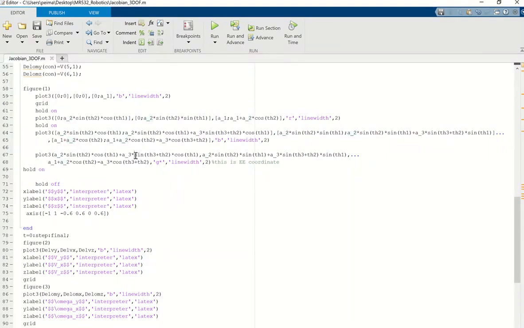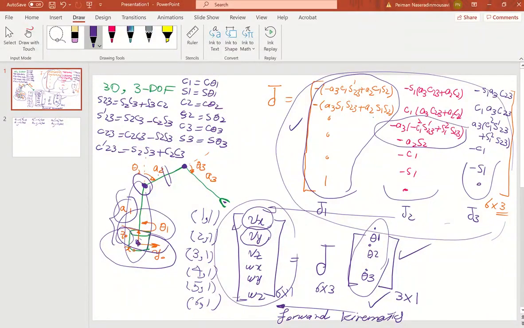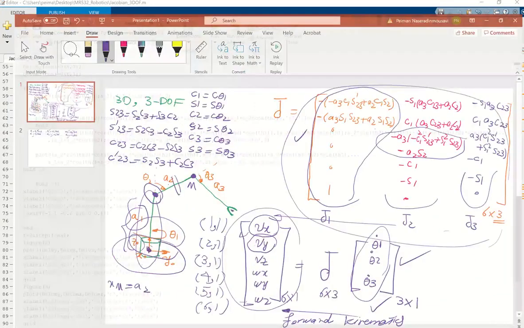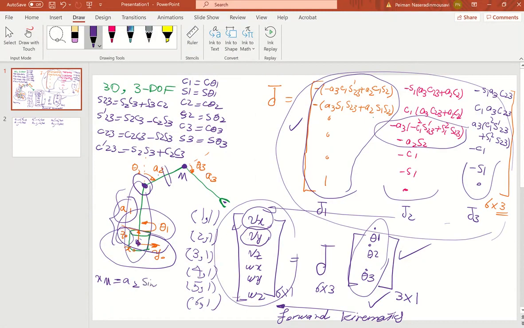I say x of that point is going to be a2 sine theta 2 cosine theta 1. I want you to go one by one through these to see how I derive it. You have to do it, guys. This is practice for you. If I say point M, x of M in the 3D space is going to be a2 sine theta 2 cosine theta 1 with respect to this base coordinate system, and I continued with y and z.